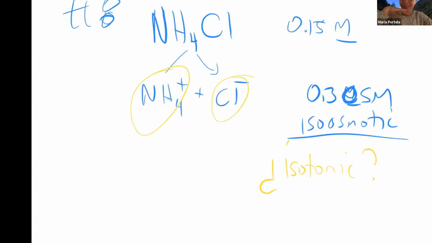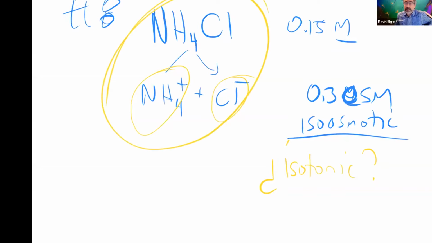In fact, we're going to talk in more detail about the results after we get them. But if I was just coming up with my hypothesis, it would make sense to think it's isotonic. What really happens is actually really complicated.